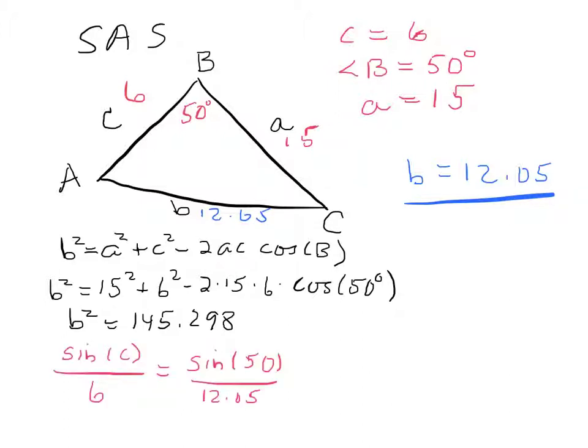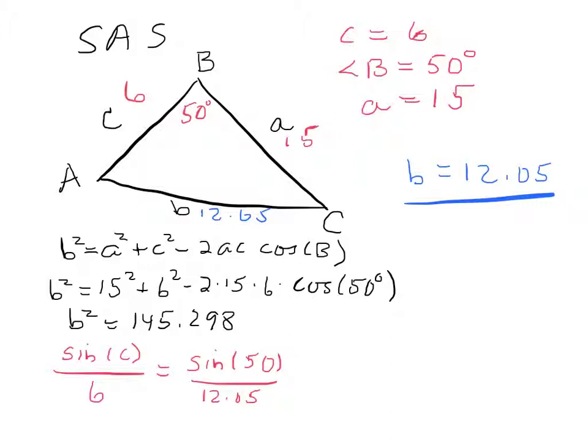Alright, so this is the version of the law of sines that'll help. The sine of angle C over side C is equal to the sine of 50 degrees, B, over, now I know what side B is. And it's very, very important now to make sure that your calculator is in the right mode so that you don't make a mistake with radians and degrees.